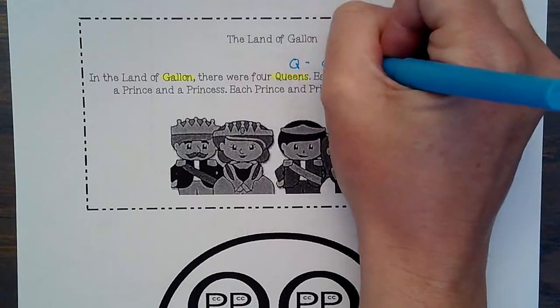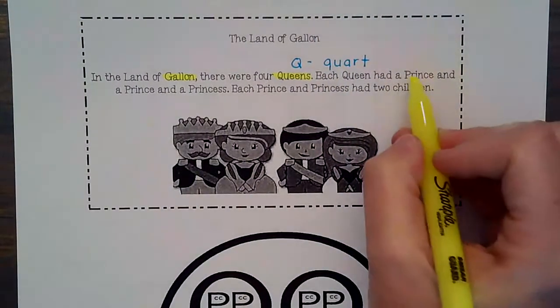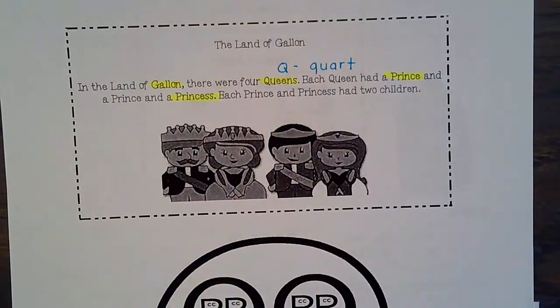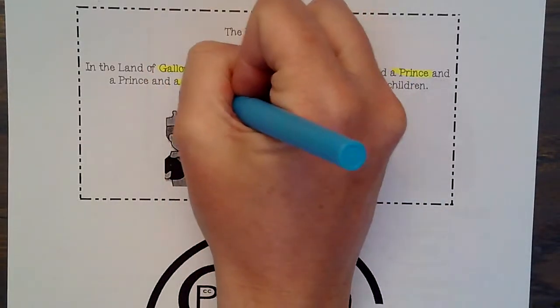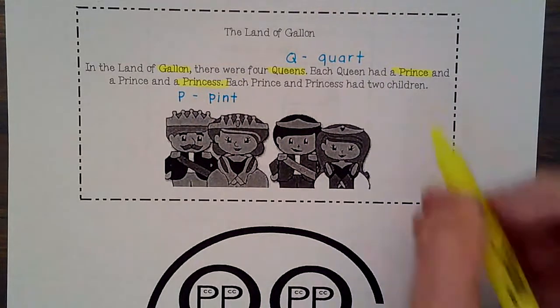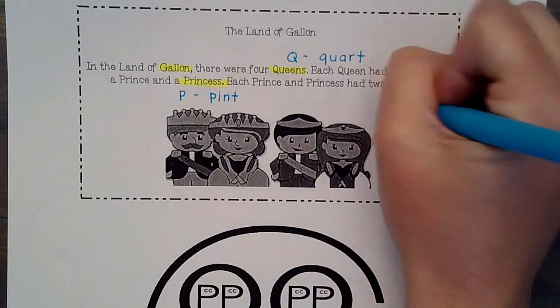Quart. Each queen had a prince and a princess. Prince and princess start with the letter P, as does pint. And each prince and princess had 2 children. C, cups.